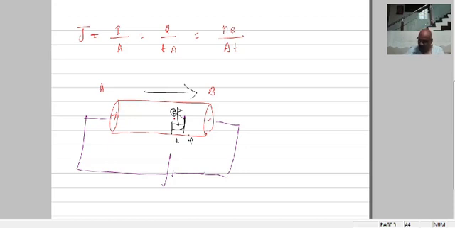So now just check this one, resistance of a conductor. Look at this, students. Point number 1: resistance R is directly proportional to the length L of the wire.